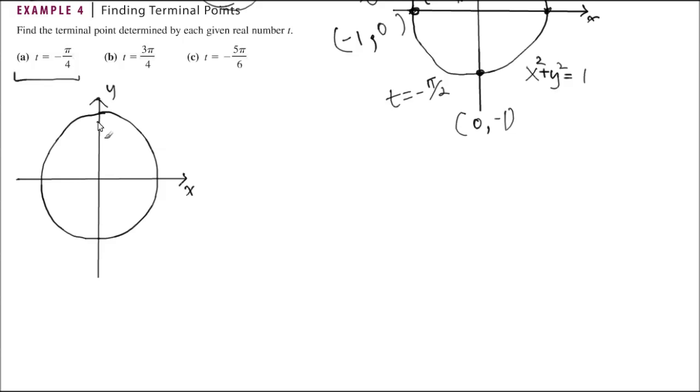Or you can convert it secretly and realize it's 45 degrees. But negative 45 degrees, so that's the angle right here. That's the angle they're talking about. This is a t radian. All right, that's part A. It's a t radian. I don't know what the terminal coordinates are, but that's what they're asking you to find.